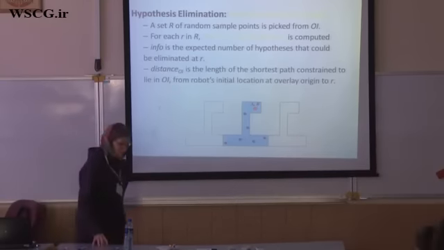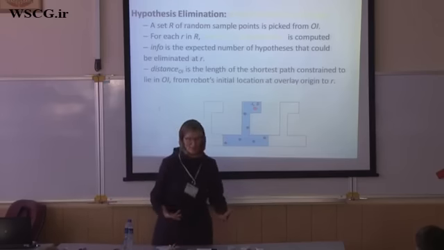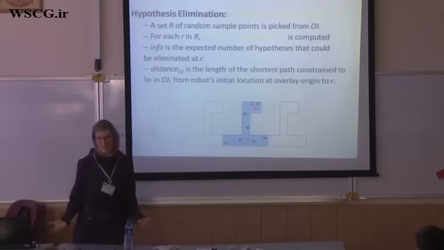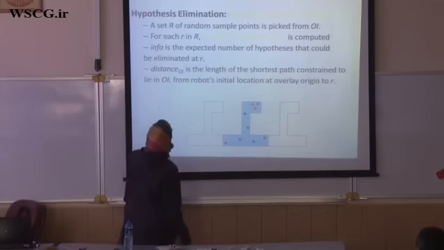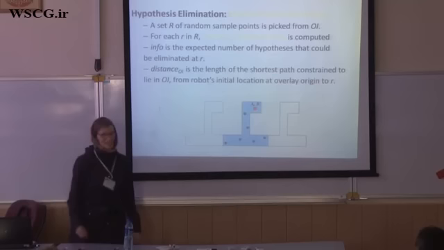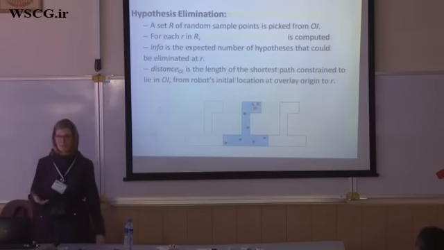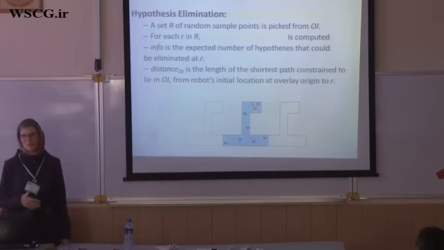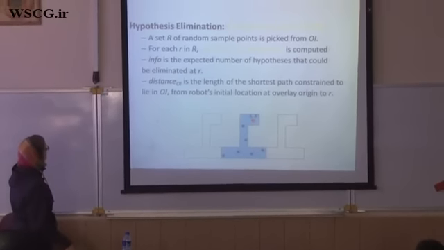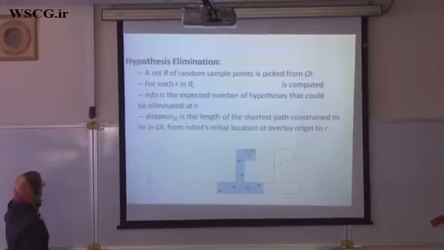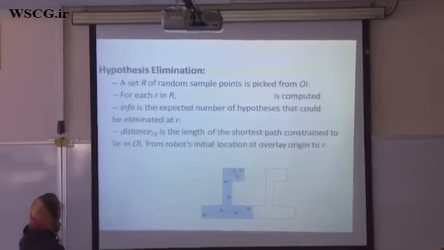And what's the value? Well, it's up to us to define what we mean by how useful a point is. But I think what it says in the fine print is the expected number of hypotheses that we're going to rule out by moving to that point. And that's the information.